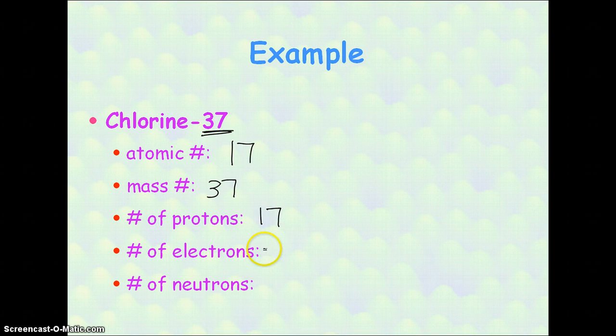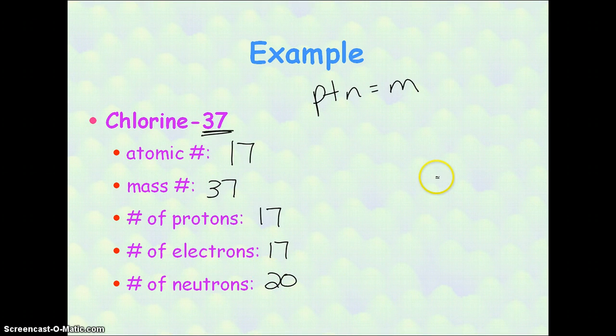The number of electrons, well, we aren't given a charge, so we can assume that it's neutral. So that means the number of protons and electrons are the same. And the number of neutrons is the mass number minus protons, because we know that protons plus neutrons equals mass. So if I have the mass and I have the protons, I can figure out the neutrons. It's just the difference. So 37 minus 17 is 20.